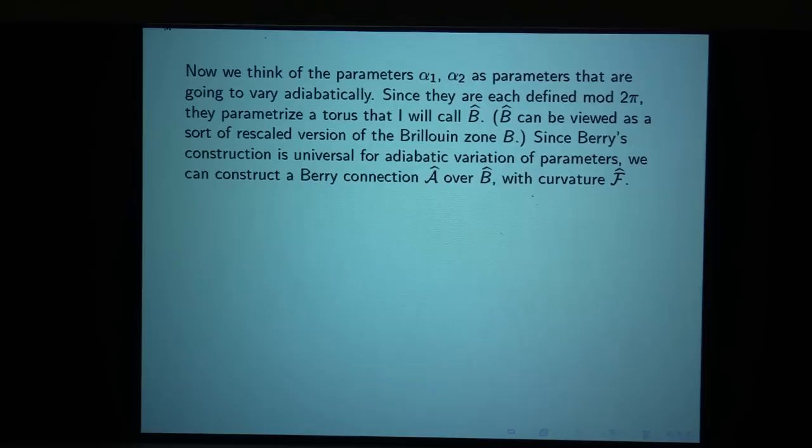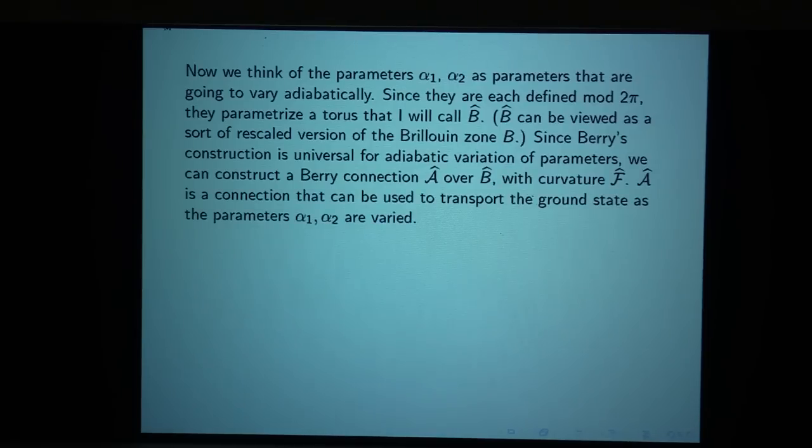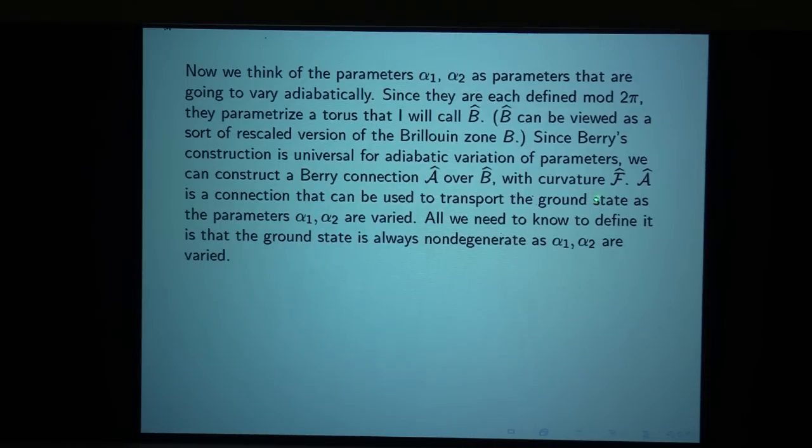And it has a curvature that I'll call F hat. A hat is a connection that can be used to transport the ground state as the parameters alpha 1 and alpha 2 are varied. All we need to know to define it is that the ground state is always non-degenerate, as alpha 1 and alpha 2 are varied. And that's generically going to be true even outside of band theory, because as we learned yesterday, you have to generically vary 3 parameters to make 2 states meet.